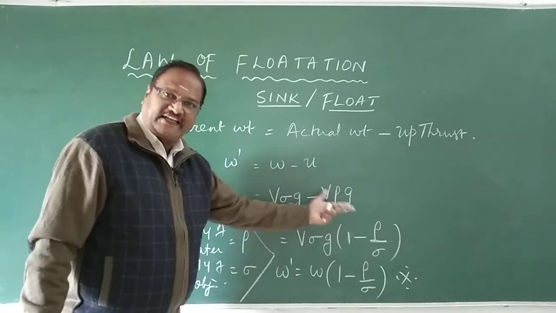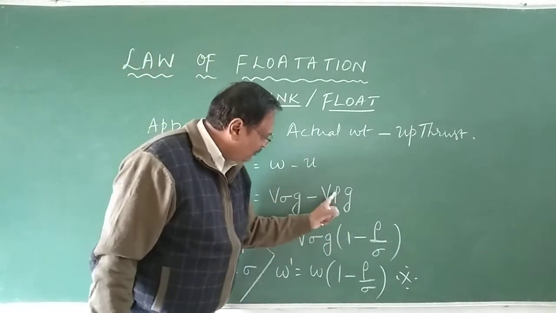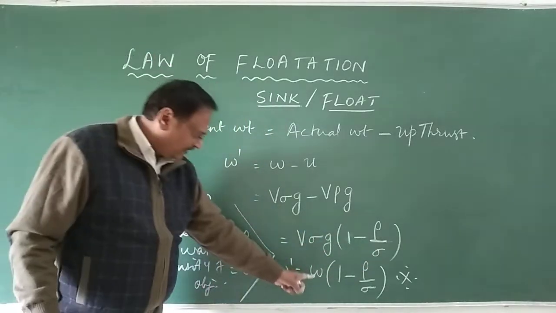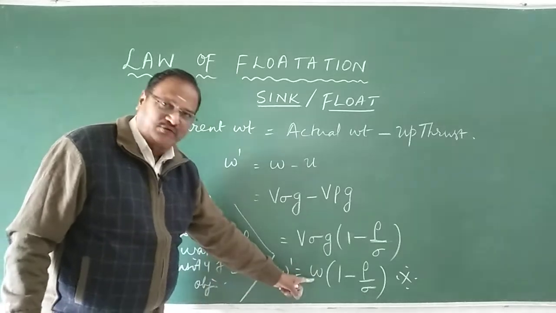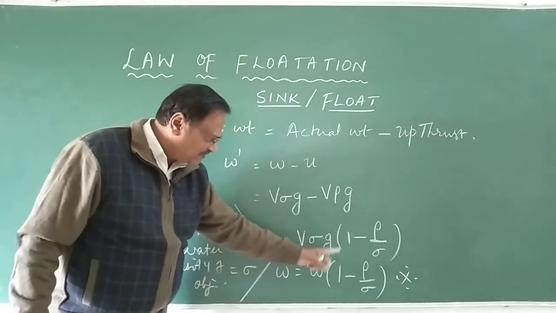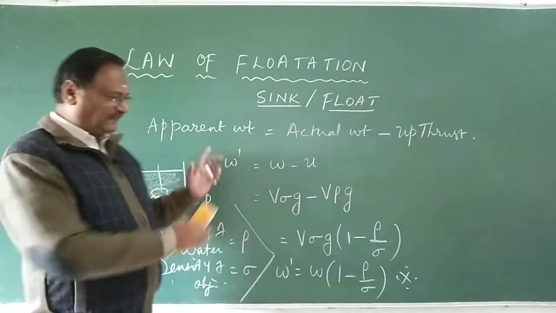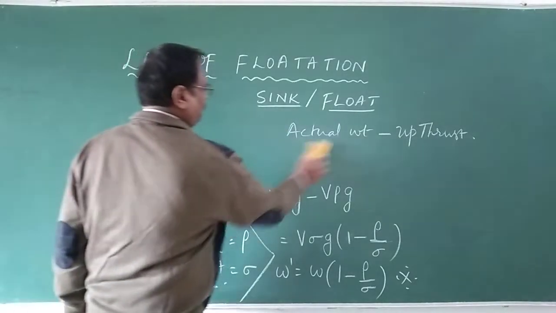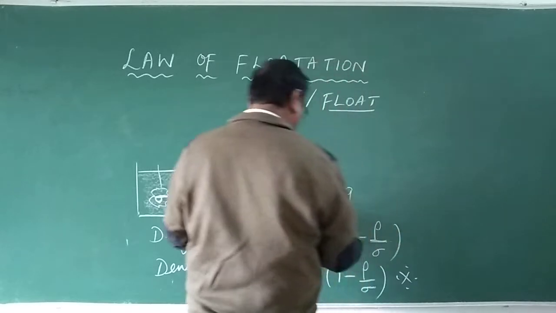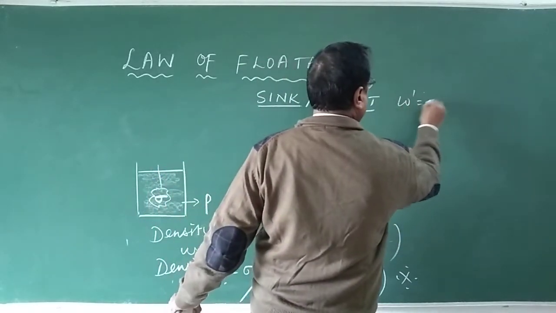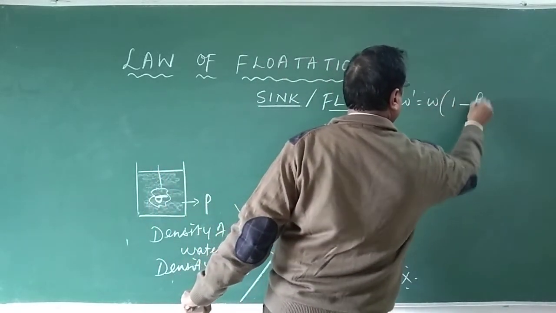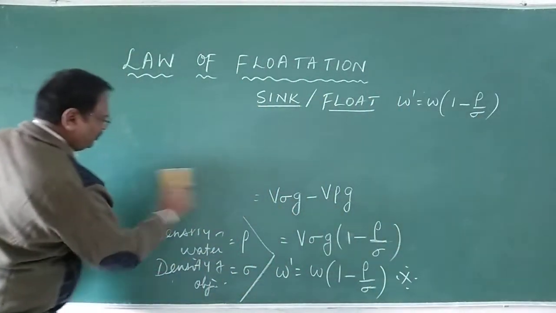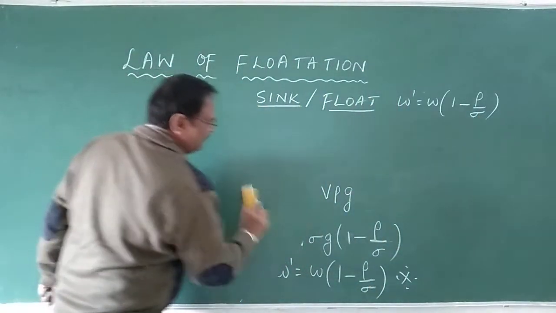Sigma is additionally taken out, so I divide rho by sigma. And V sigma G is nothing but the weight of the body, so W dash is equal to W into 1 minus rho upon sigma. Now from here we go further. Keep this formula in mind: apparent weight W dash is equal to W of 1 minus rho upon sigma. We will use this formula for doing numericals and all the other discussions.